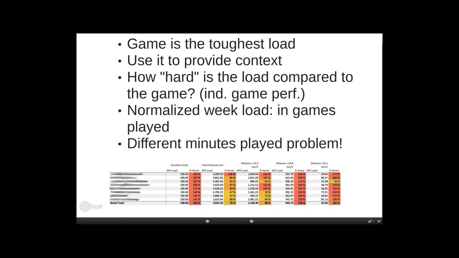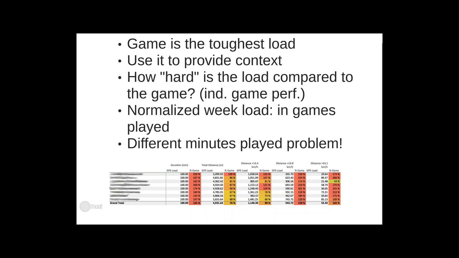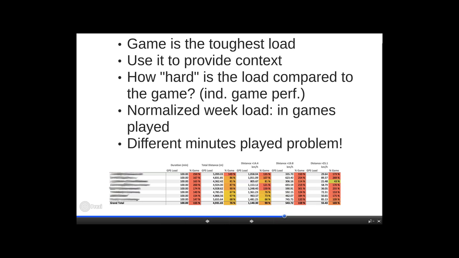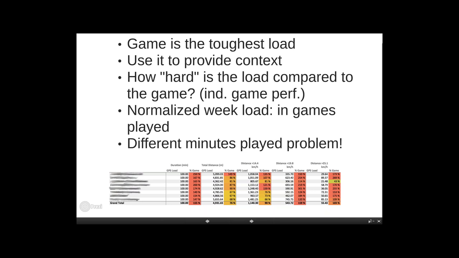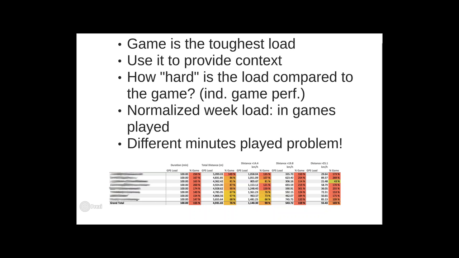Each row is a different individual, but it also gives you a kind of percentage of his usual game performance. You can see if overall the session was very hard compared to a game, and you can see if the session was hard per individual. So you can quickly pinpoint a guy who didn't perform well, or, for example, a guy for whom the drill wasn't providing enough stimulus.